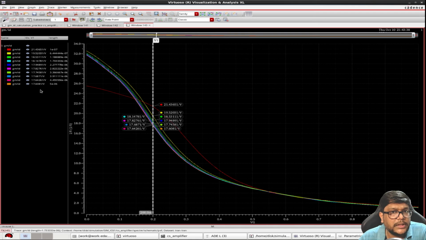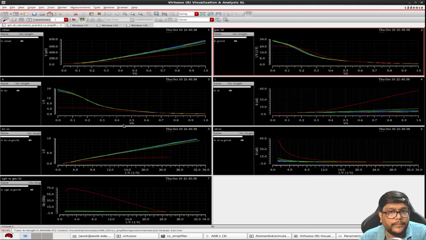If we see here, the lower will be 17.6, so we can take this one. Okay, 2.2 or 3U, we'll take 2.2. 2.2U as the length.